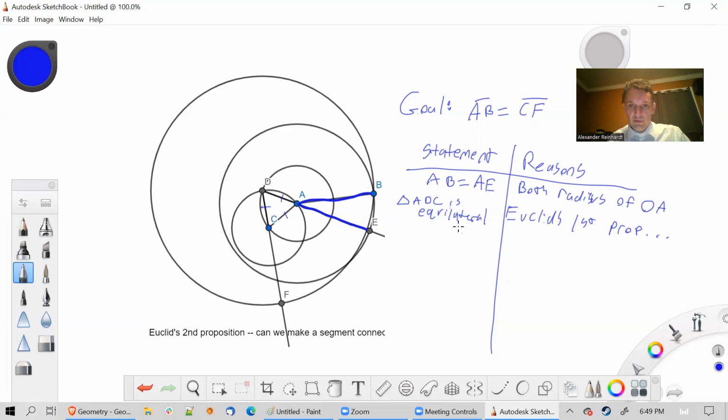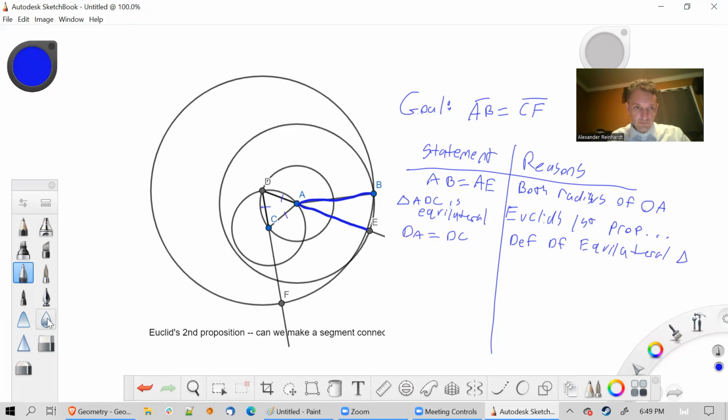So because ADC is equilateral, we can now say that DA is the same length as DC. Why is that? Definition of equilateral triangle. Okay.